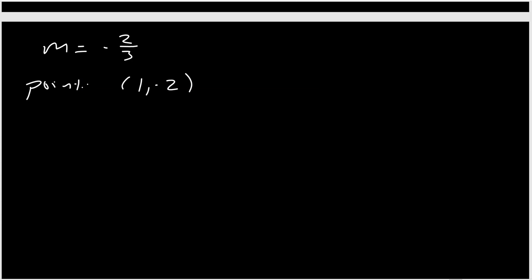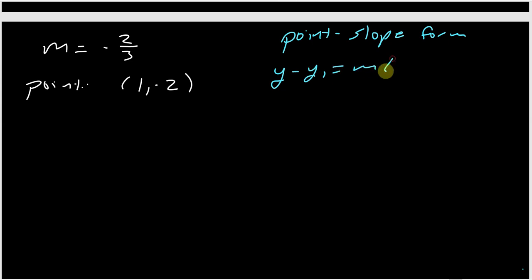So when this happens, or when any situation happens like this one, or if you're just given 2 points, I always use what we call the point slope form. Okay, so the point slope form is y minus y1 equals m times x minus x1.